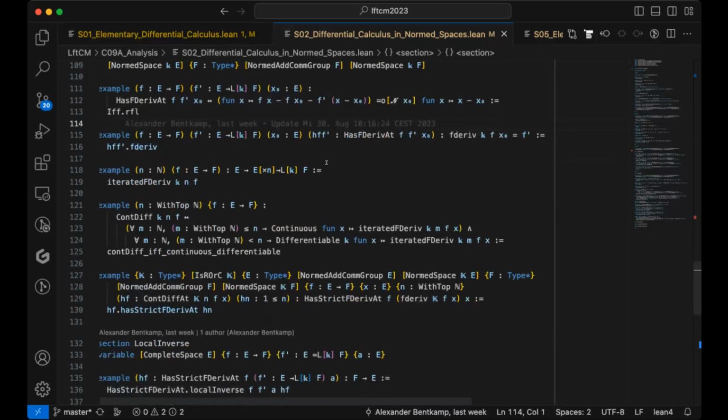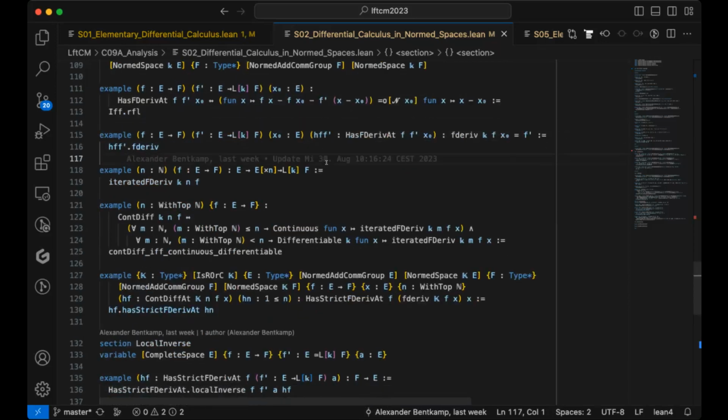Okay. What else do you want to do with derivatives? Well, we like to take iterated derivatives. So if I have a function f from e to f, then what's the nth iterated derivative?